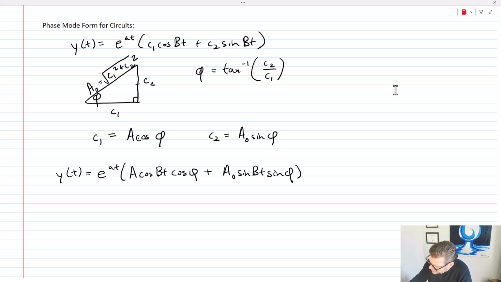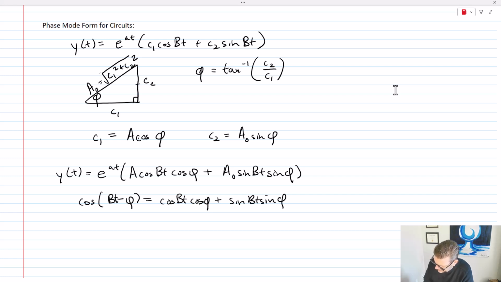And then we're going to utilize the trig identity that cosine of bt minus phi is actually equal to cosine bt cosine phi plus sine bt sine phi. Essentially our difference of angles. And so when we do that, we're going to get e to the at times cosine of bt minus phi.